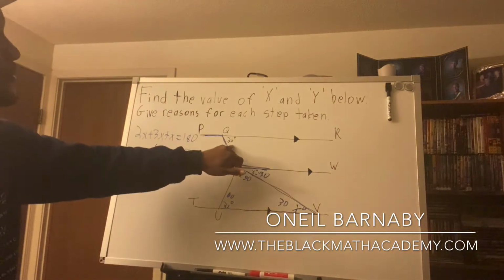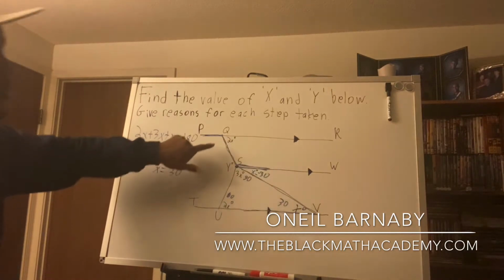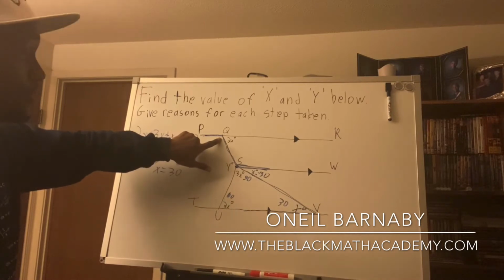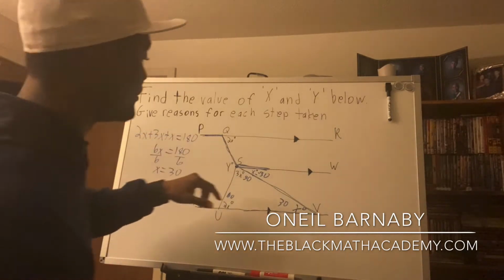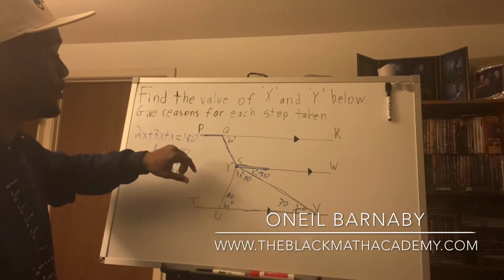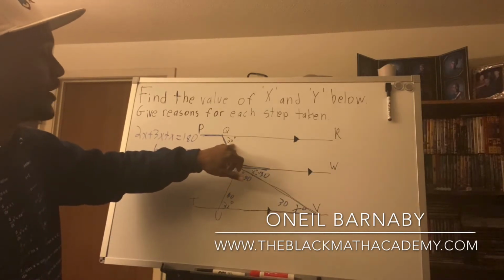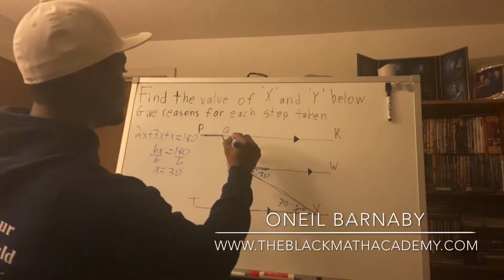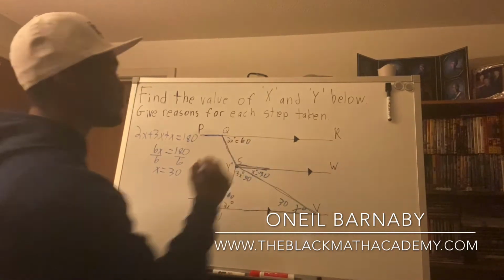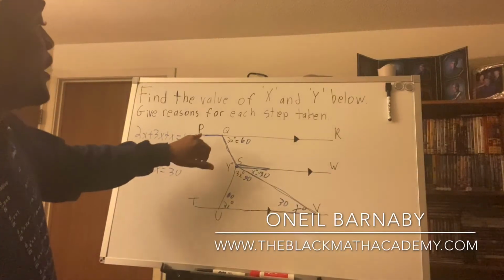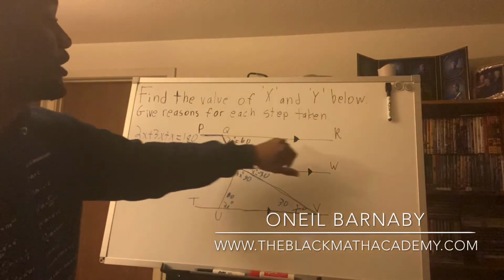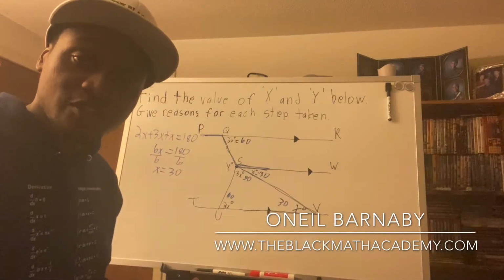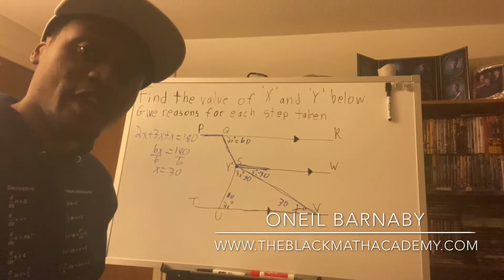So we have a 2x here, which is acute. We have this missing value outside here, which is obtuse. So what we can do is that we know that the value of x is 30, so we can plug in 30 here, and 2 times 30 would be 60. Okay. And we know that this line here is a straight line, and every straight line in terms of its degrees is equal to 180 degrees.